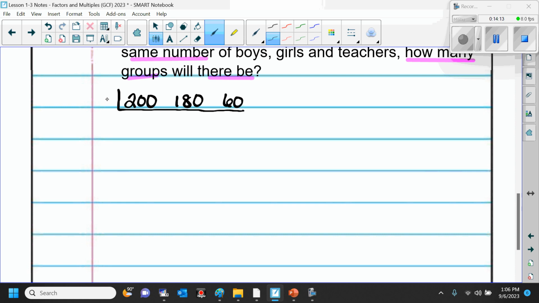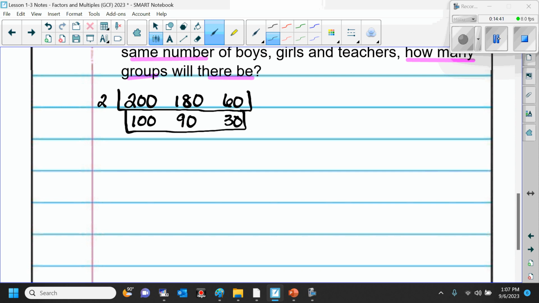Okay, so you want to do 2? Okay. So 200 divided by 2, of course, is 100. 180 divided by 2 is 90. And 60 divided by 2 is 30. All right, there's another layer. What can I divide into all 3 of those numbers?